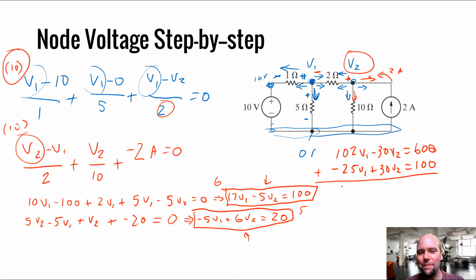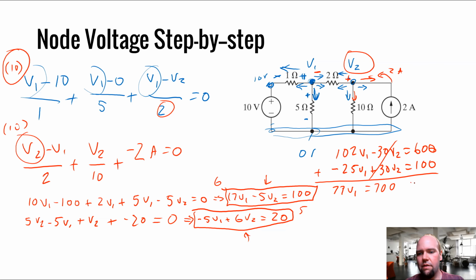So I'm going to add them together and I'm going to get, it's an equality, right? Both sides are equal. You can add, it's fine. So we're going to get 77 V1, and then these are 0, equals 700.